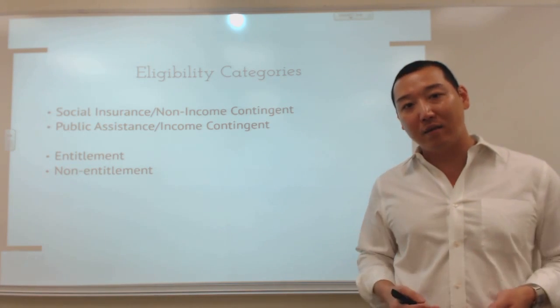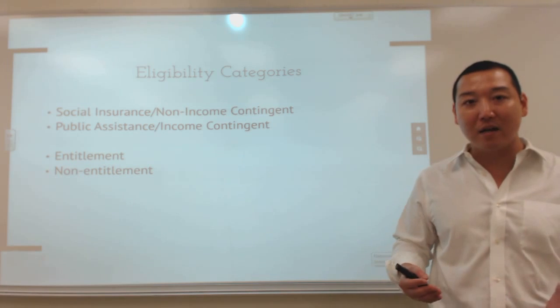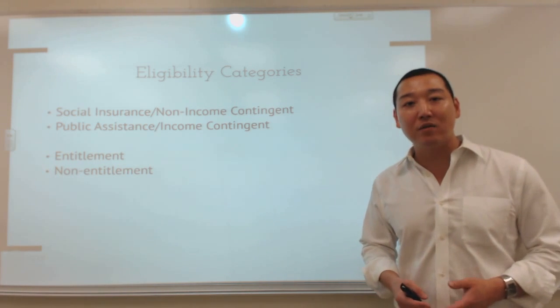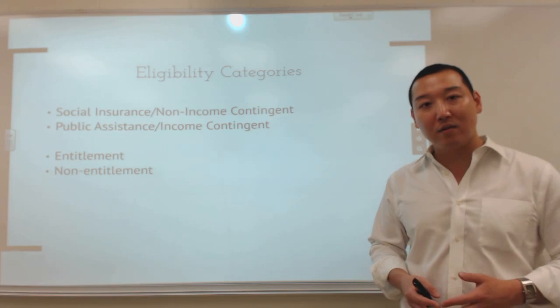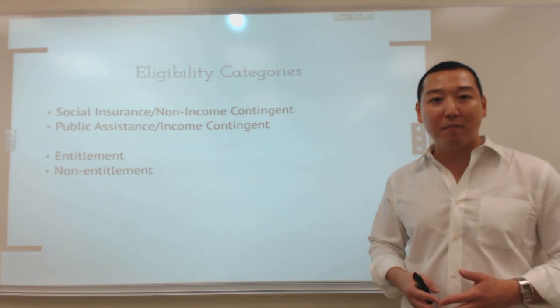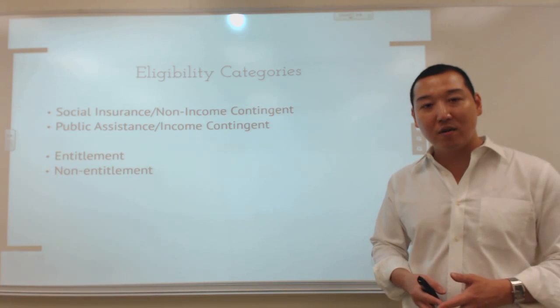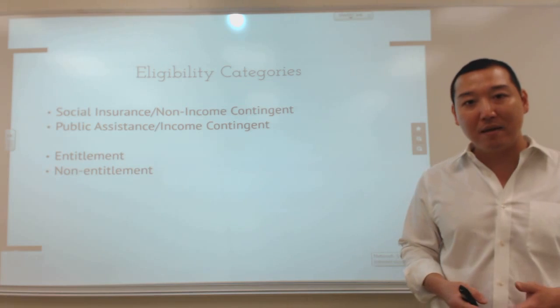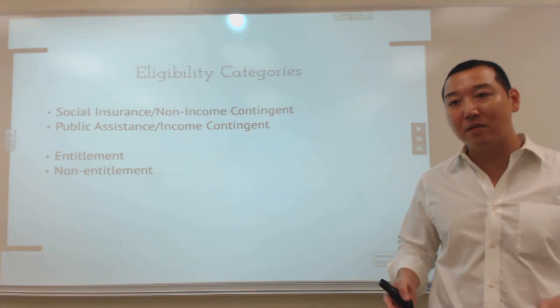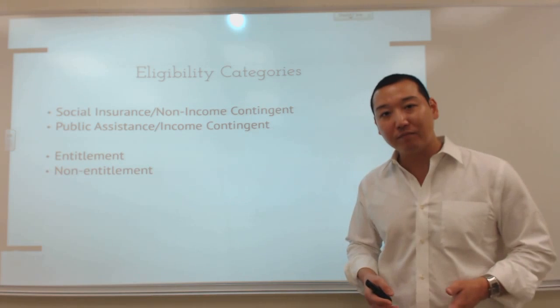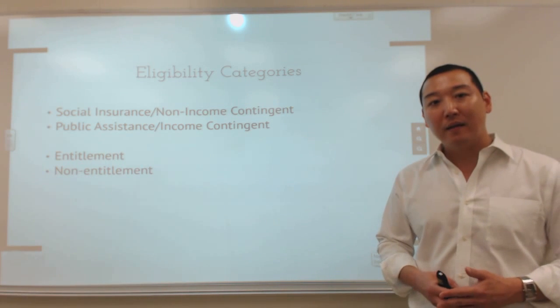And so the natural corollary is that in a non-entitlement program, even if you're found to be eligible for a particular social welfare policy or program, there is no obligation on the part of government to provide you with that benefit or service. The prime example here is public housing, sometimes referred to as Section 8 housing historically.